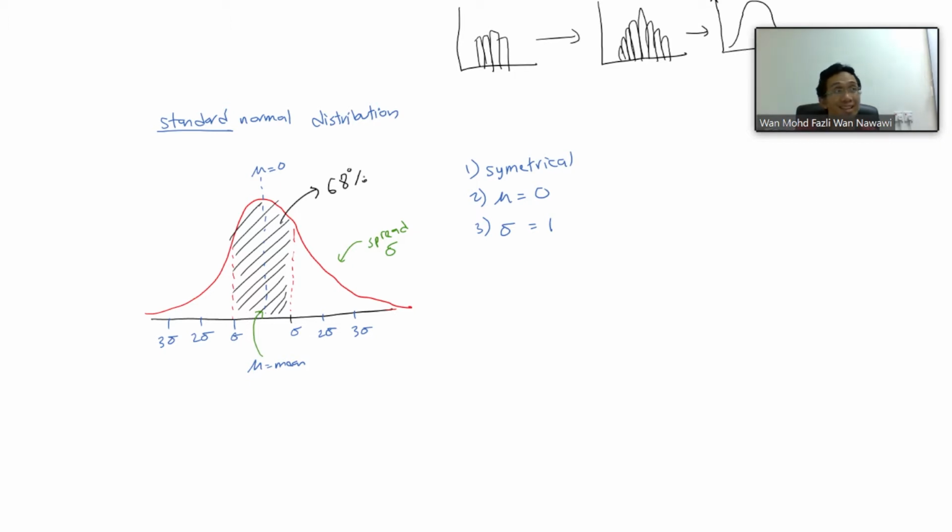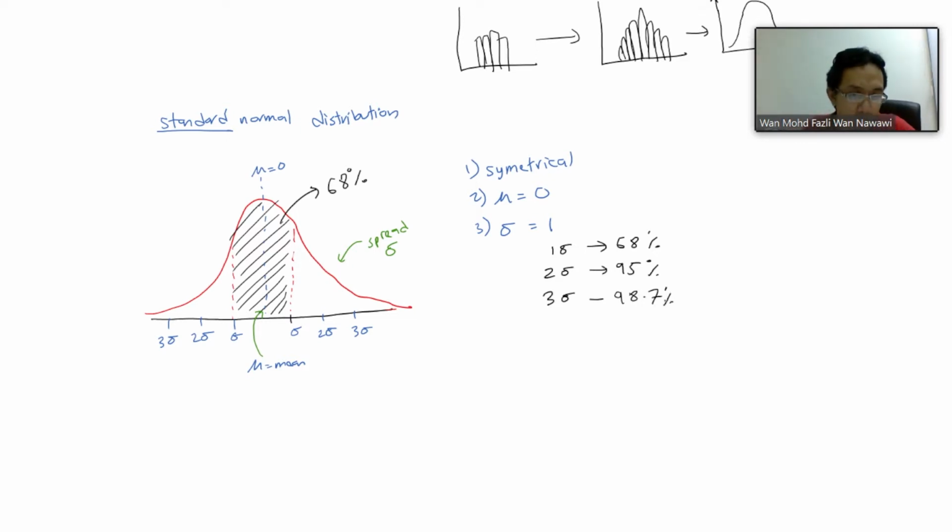So when you do the testing, it is 68% confidence, more or less like that. So if you do one standard deviation, you get 68%. If you have two standard deviations, it is 95%. So that's where you got this 95 thing. And then you have three standard deviations, that is 98.7%.